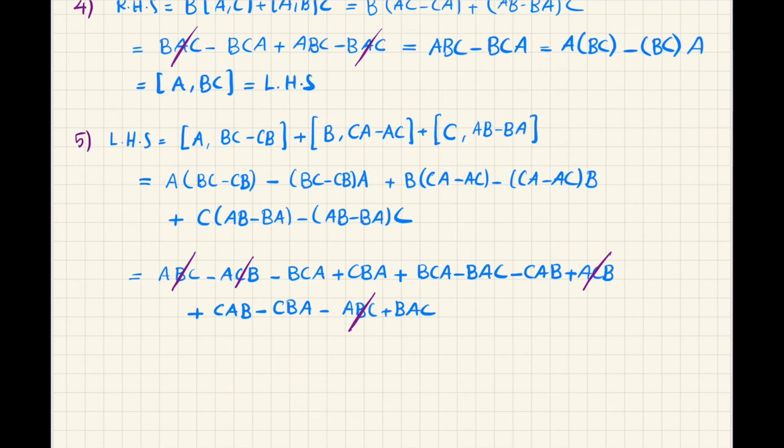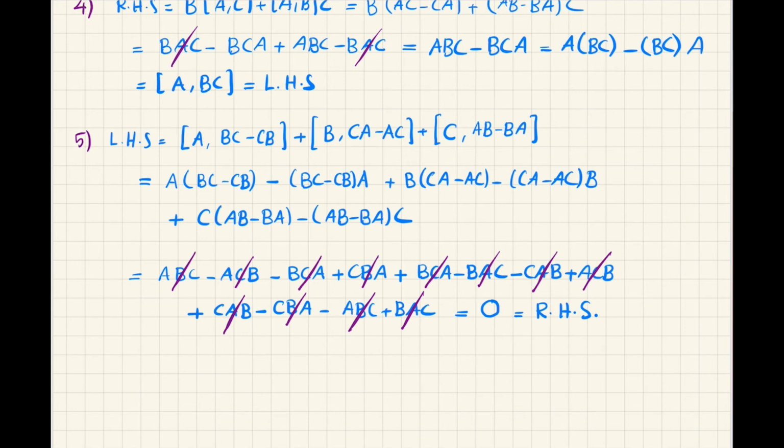Minus BCA, positive BCA. Positive CBA, negative CBA. Negative BAC, positive BAC, and finally negative CAB and positive CAB. So all of them are canceled, so what is left is the zero matrix, and it's exactly the right-hand side.